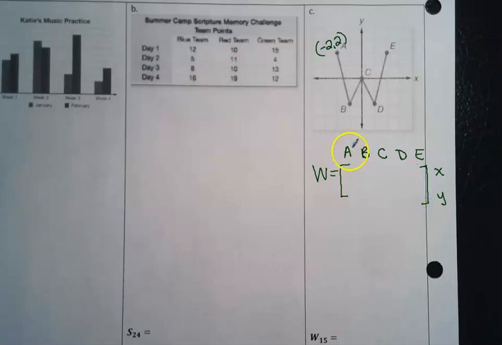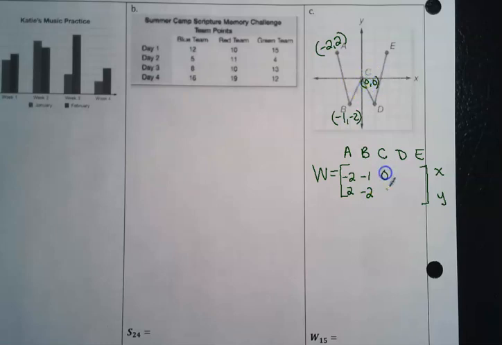Okay, so A, we're going to have is -2, 2. B, what's the point for B? Good, -1, -2. So for B, our next column, we're going to have -1, -2. C here is 0, 0.